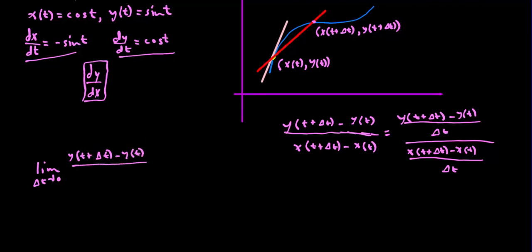This is what's up top. So I'm doing a limit of the top over a limit of the bottom. That's the way I'm taking the limit of the whole thing. And then down here, the limit as delta t goes to 0, same thing, of x of t plus delta t minus x of t over delta t.